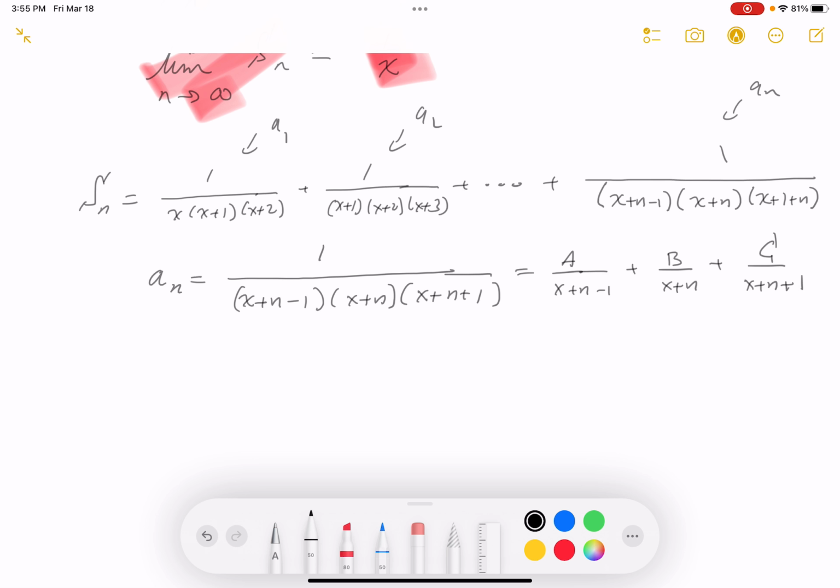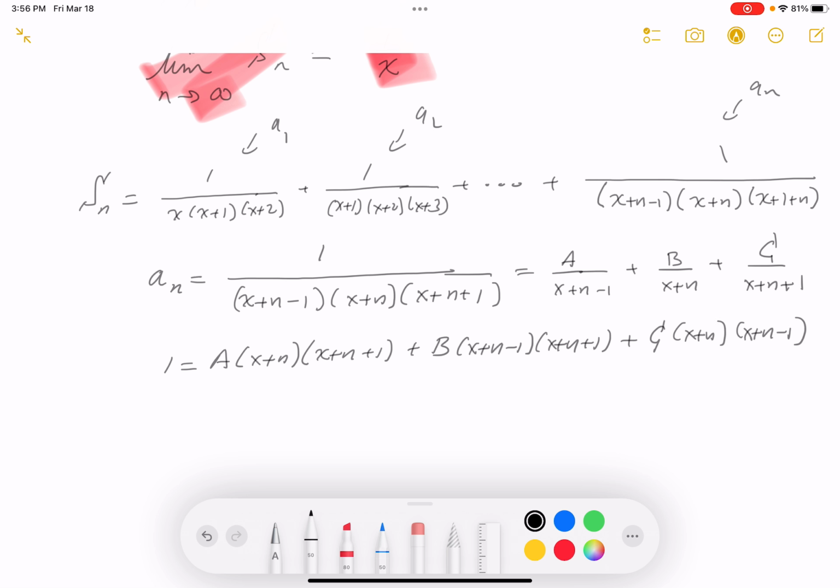Well, multiply both sides by the LCD, and you can get 1 equals A, x plus N, x plus N plus 1, plus B, x plus N minus 1, x plus N plus 1, plus C, x plus N, x plus N minus 1.